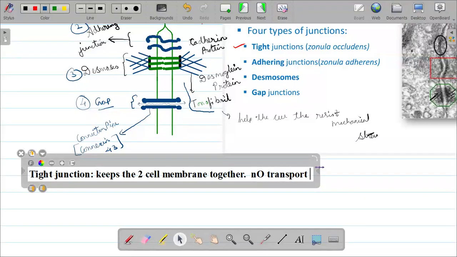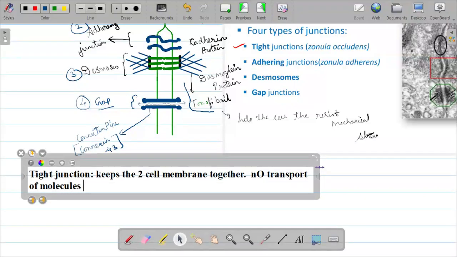No transport of molecules takes place except selectively permeable substance molecules. You know what is selectively permeable? Selected molecules can cross through, not other molecules. Understood? Okay, sir. Yes, sir.